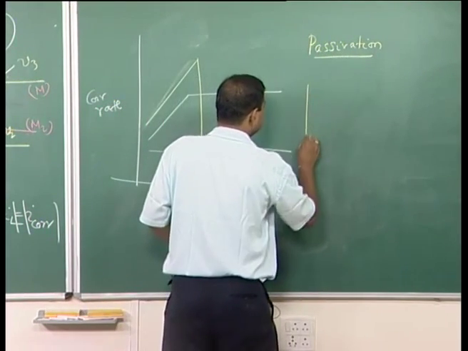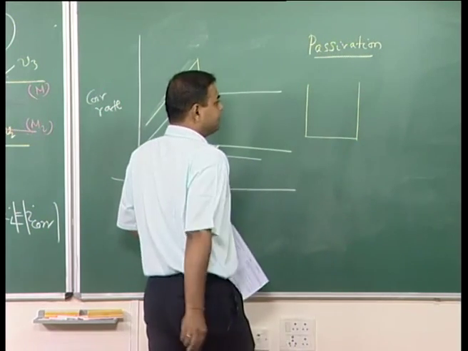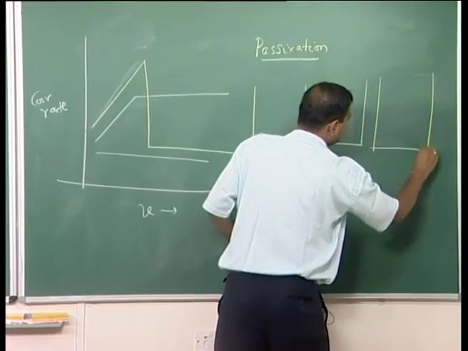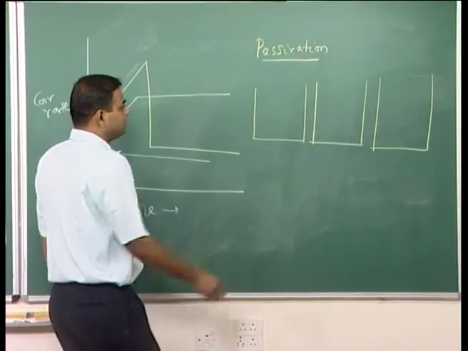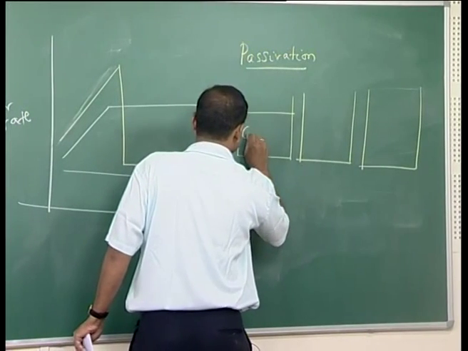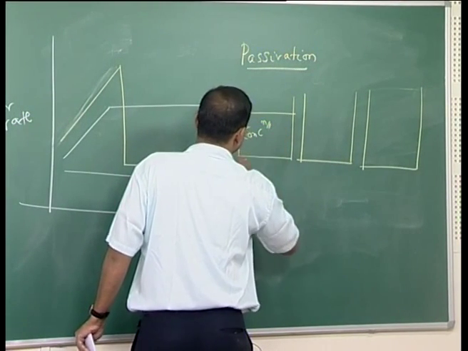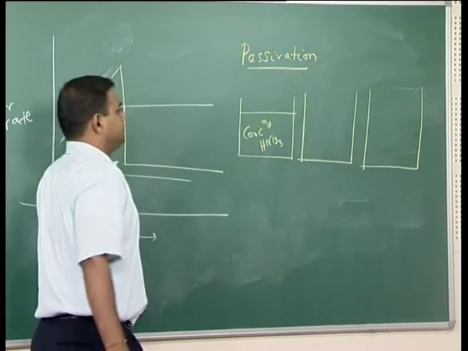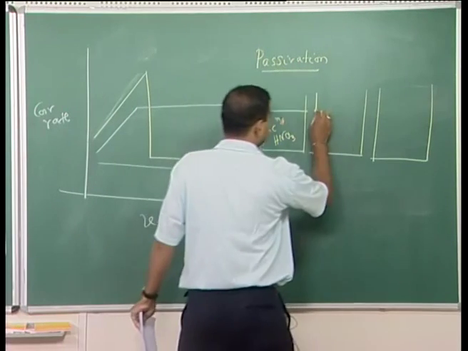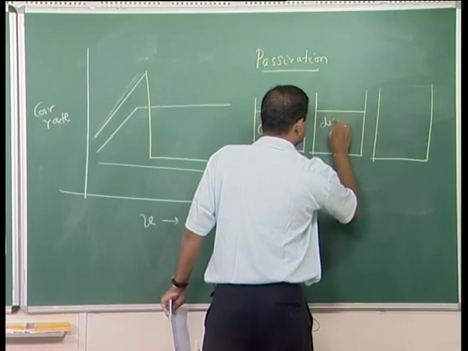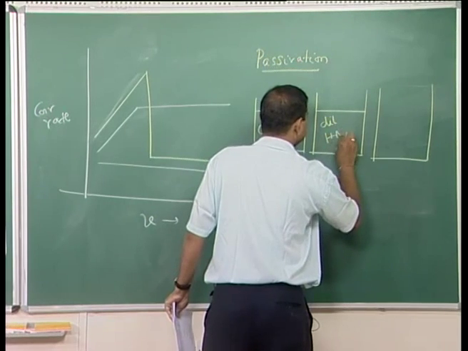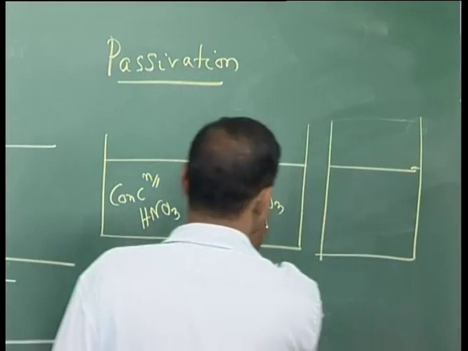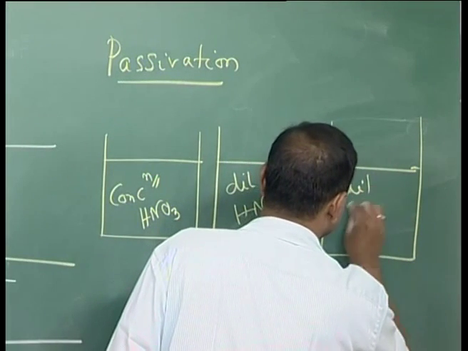He took three beakers, and in one beaker he put concentrated HNO3, and in this case he has put diluted HNO3. Now, in another case, the same concentration of diluted HNO3 he has put.